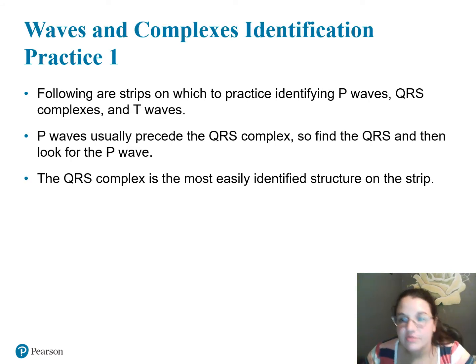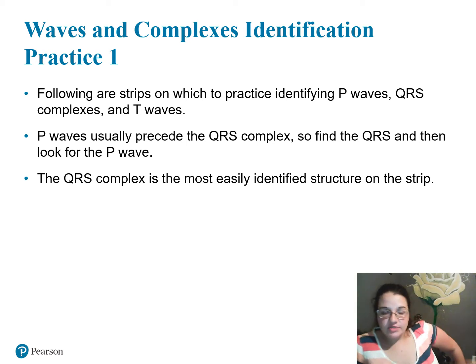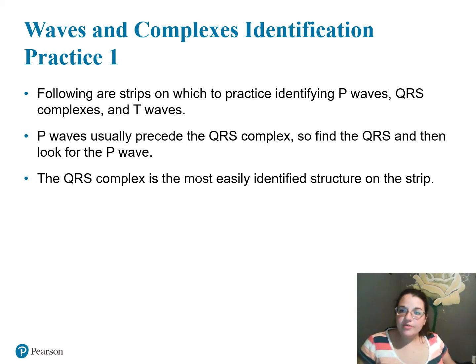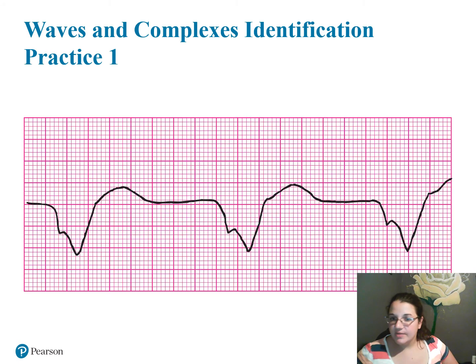So I'm going to just do a couple of these practices with you. The following strips are to practice identifying the P, QRS, and T. P waves usually precede the QRS, meaning they come before. And to find the QRS, you're going to look for that P wave. The QRS complex is the most easily identified structure on the strip because it is spiked.